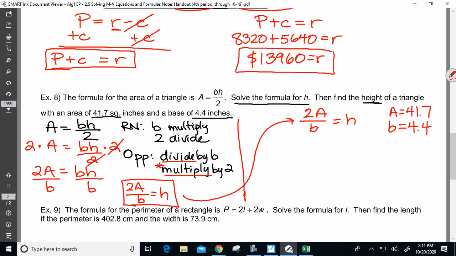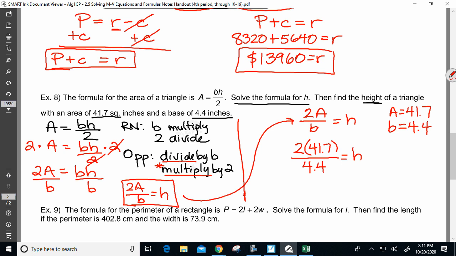So now we just plug it in, just like we did at the very beginning of the school year. 2 times 41.7 divided by 4.4. So now we let the calculator do some work.